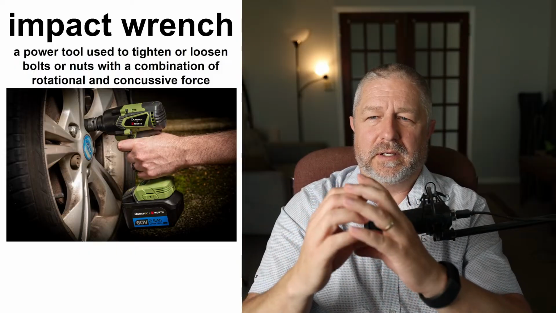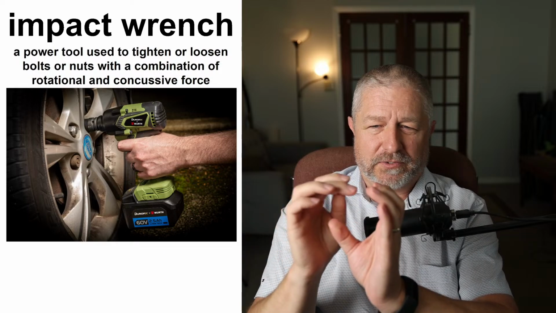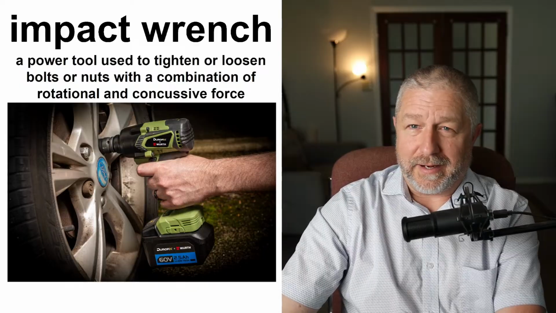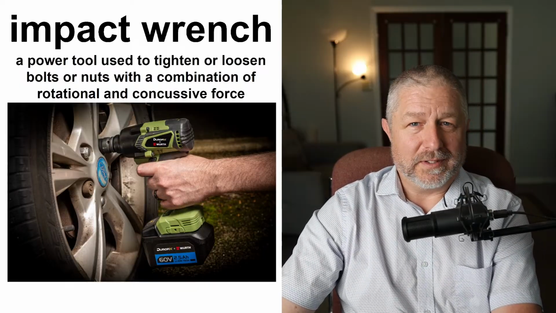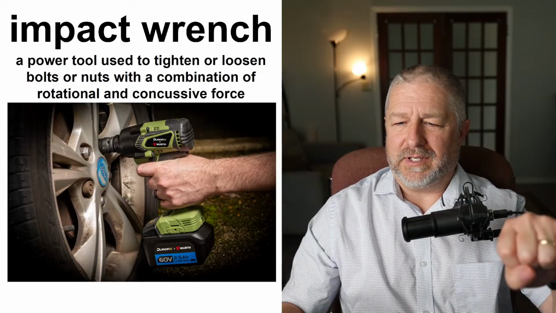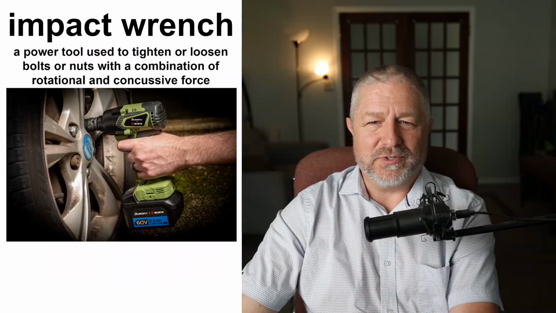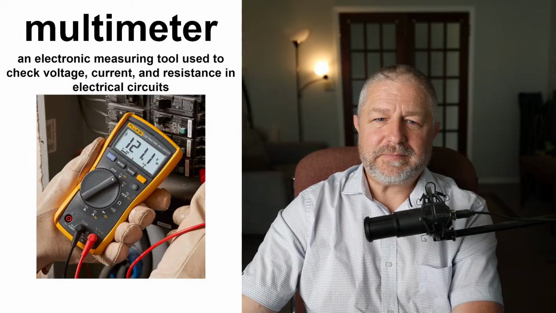So it's using, I guess, torque might be the right word, but it's also using the impact of the small hammer inside. I'm not an expert on impact wrenches, but they're really handy. I have a cordless impact wrench. It's so nice for changing tires. Instead of using like a big bar with a socket on the end, you just use your impact wrench and it makes the whole job easier.